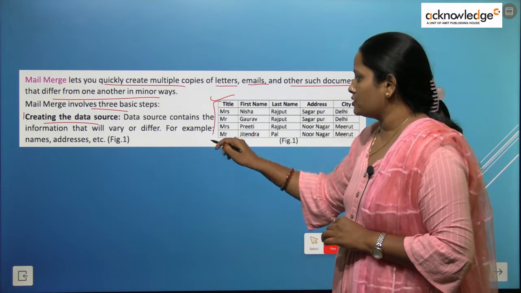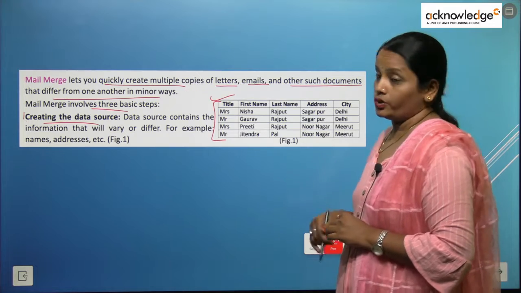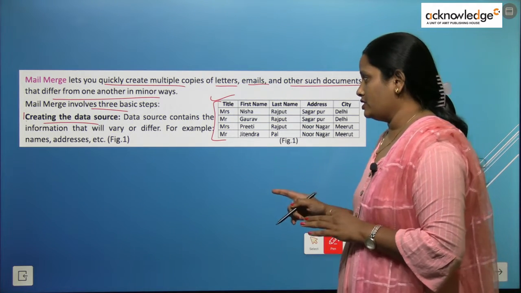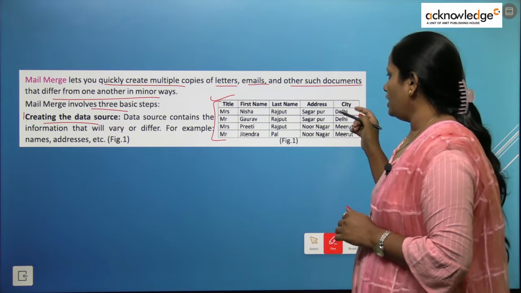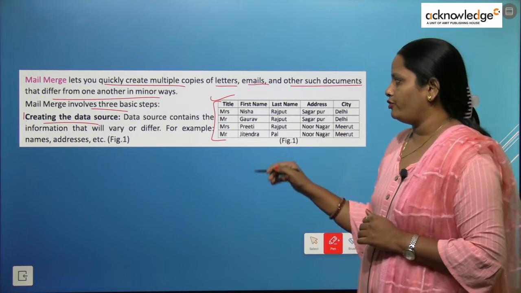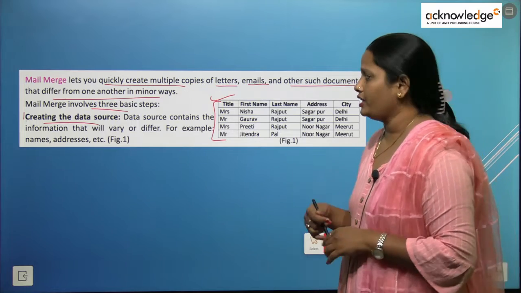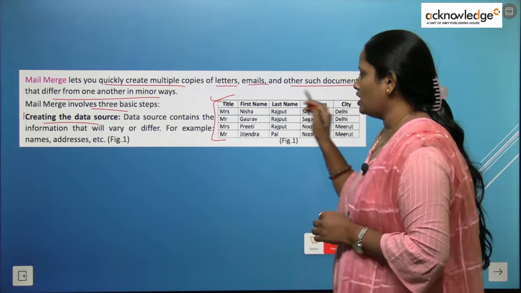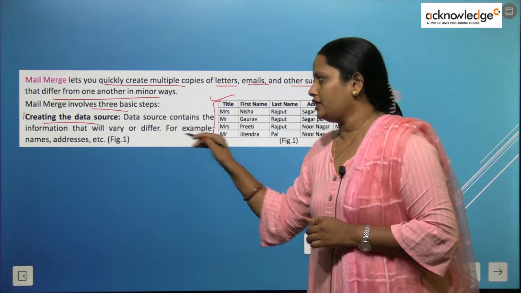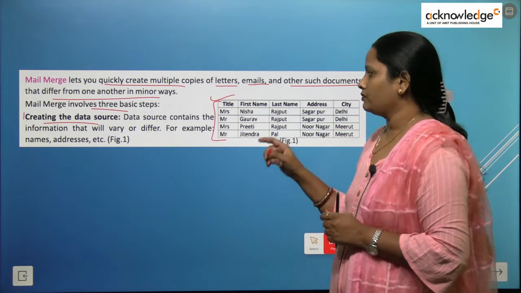So these are the persons to whom we are going to send the mail through mail merge. There are 4 people in this group and they live at different addresses, they have different names and they live in different houses. So first we have to create the data source. This is the data source and it contains various information.